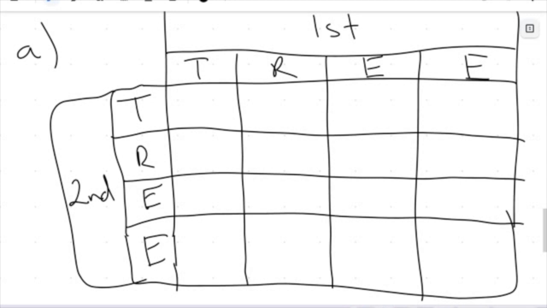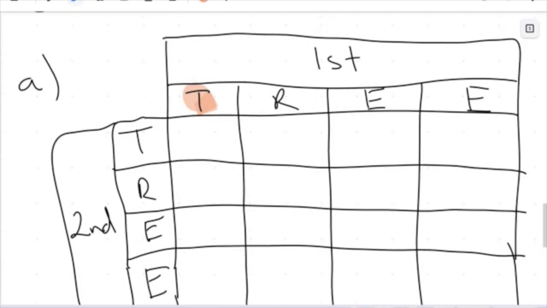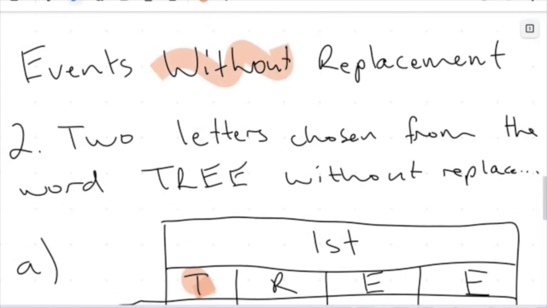So, here, if I draw a T first, is there any way I can draw another T if I'm doing this without replacement? Well, no, because if I take this T out, I only have R, E, and E to choose from.